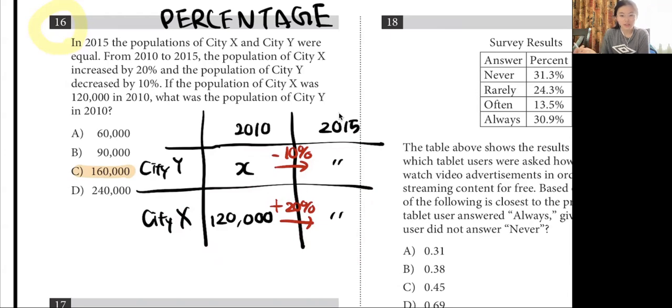Because you might think, how would we know city Y's population in 2010 if we're not given any information about city Y? So you always need to look at the similarities between the two things you're given, whether that's school or city or A and B. And in this case, it's a 2015 population value.